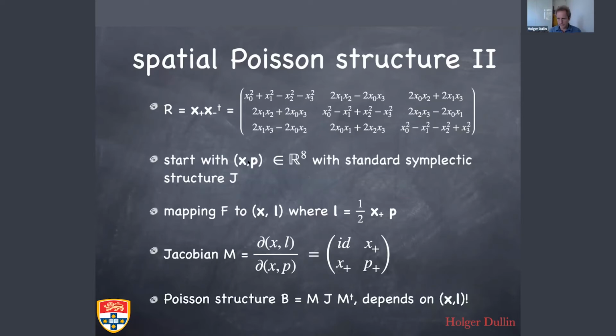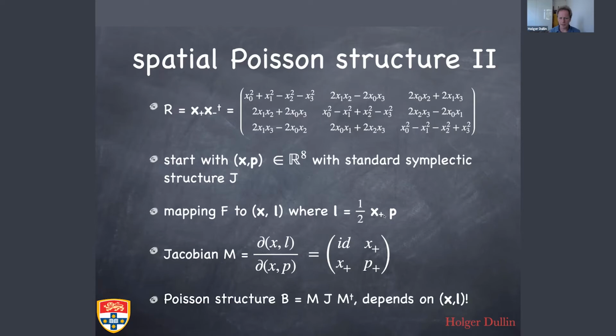So you start in R8, where x and p are canonically conjugate variables, with the standard symplectic structure. And then you just write down a mapping from xp to xL, where this L is going to be our angular momentum.